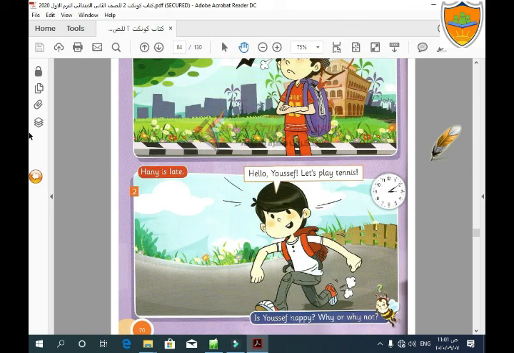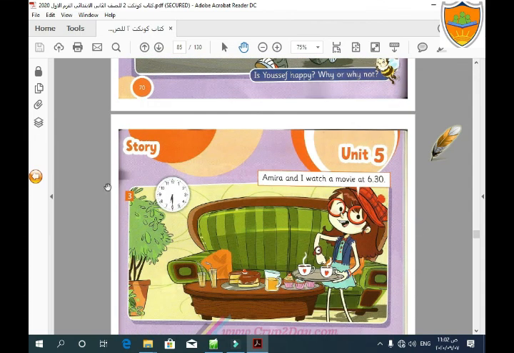Hani says, "Hello Yusuf, let's play tennis." If we look at the watch, we notice here Hani comes late. He comes at 3:20. So Yusuf is not happy. Why? Because Hani comes after 3 o'clock. Next page.